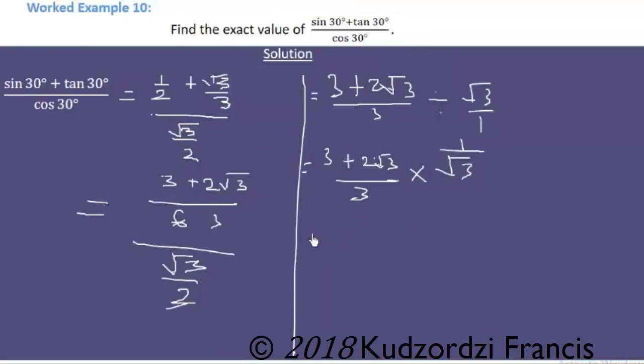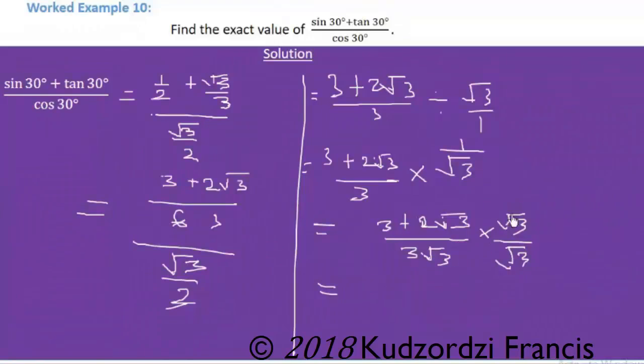So this will give us 3 plus 2 root 3 all over 3 root 3. So we rationalize to obtain, so we multiply by root 3, then by root 3.